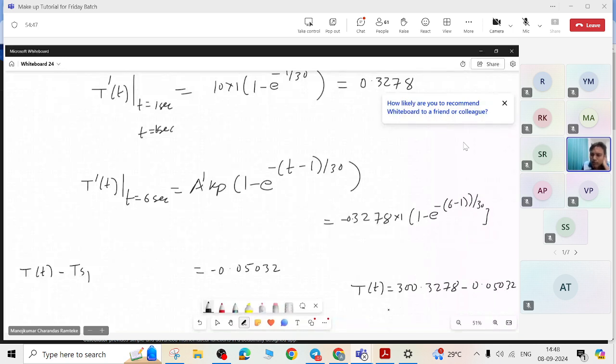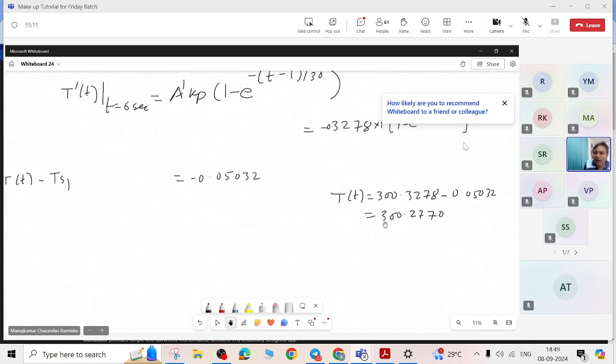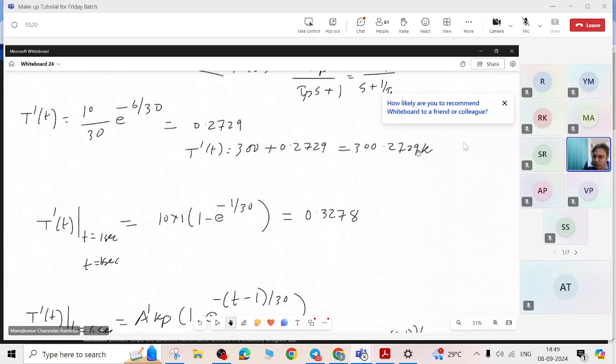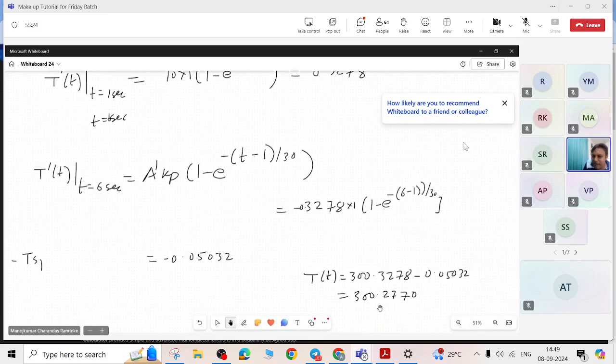Calculate and give me this value. 300.277. Now if I subtract 300 from here, you can see the value we obtained earlier: 300.2729. And here we are getting 300.2770.